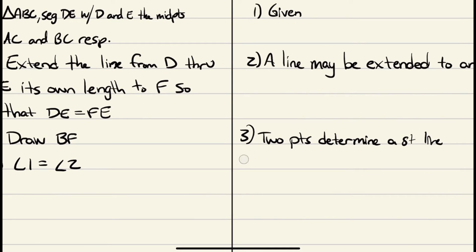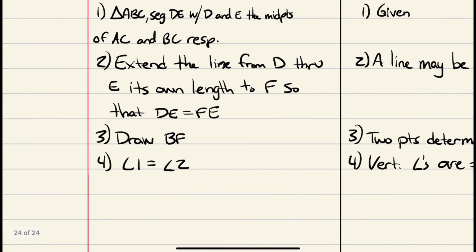And I'd like to just say vertical angles are equal. It's not a very in-depth definition or reason there, but it is a true fact because we've already proven that before.